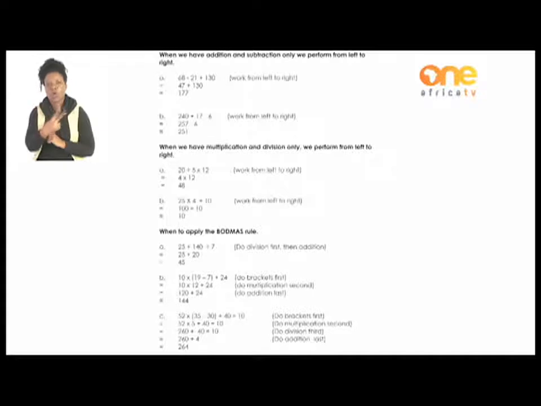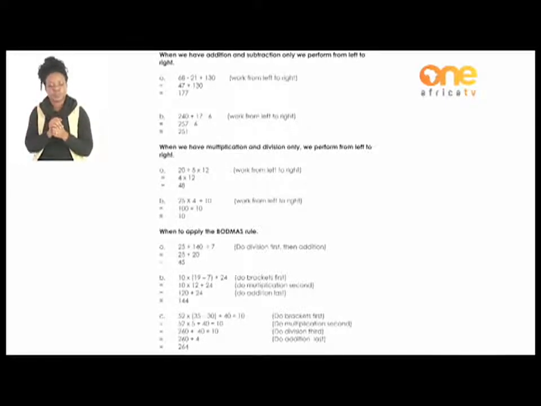Let's try when we have a multiplication and a division only. Remember again, BODMAS works from left to right. Multiplication and division are also like brother and sister. The one that comes first, that one we do first. Chanel, are we together? Yes, Chanel is together. So let's try. 20 divided by 5 times 12.